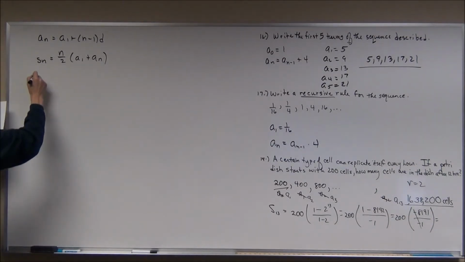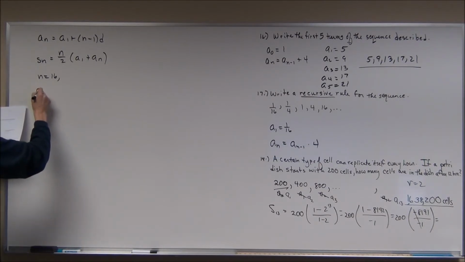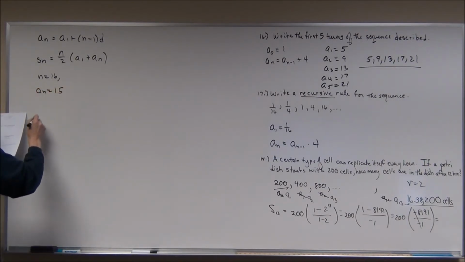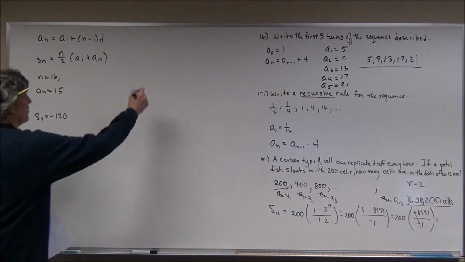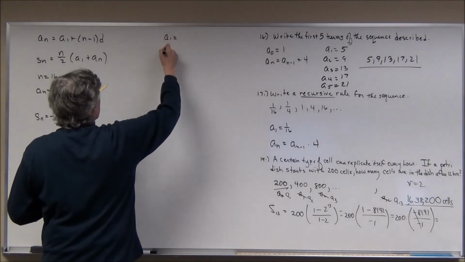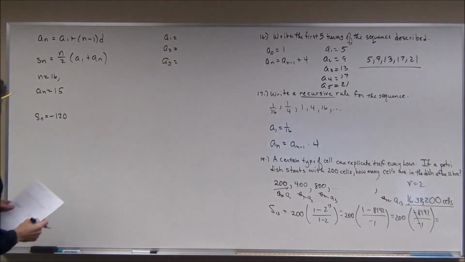They give you that n is 16. That's useful. They give you that a sub n is 15, and they give you that s sub n is negative 120. They want the first 3 terms, right? Well, I need a sub 1, a sub 2, and a sub 3. Well, one thing at a time here.